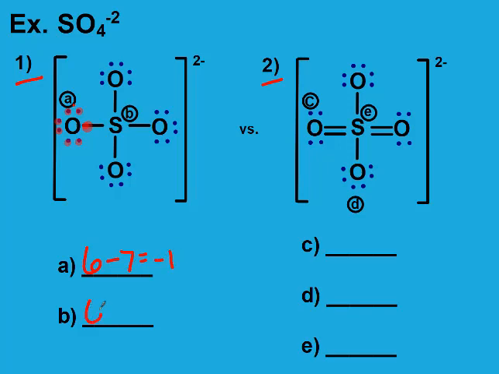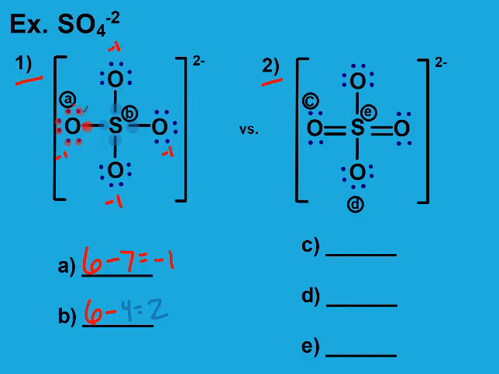Then sulfur came in with 6 valence electrons, minus, how many does it currently have? Well, it currently has 1, 2, 3, 4. So that's a 2. For my oxygen, this one would be a negative 1. This one is exactly the same, so it would also be a negative 1. This one would be a negative 1, and this one's a negative 1.